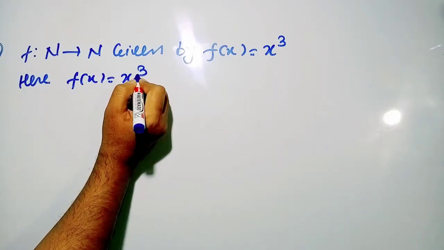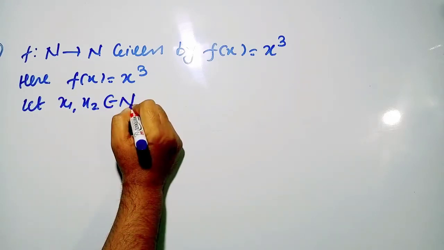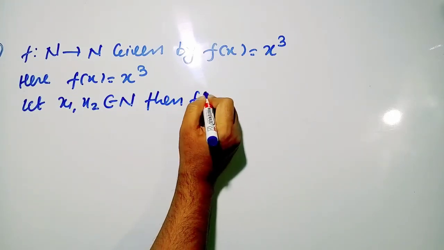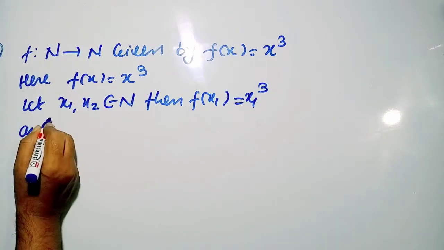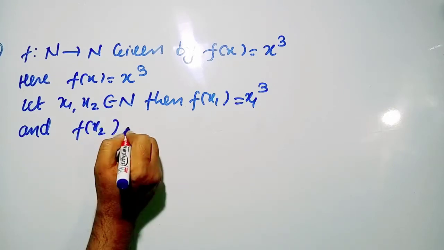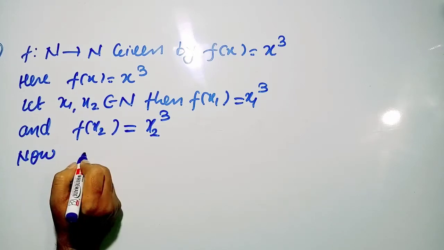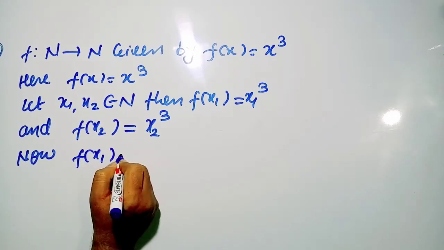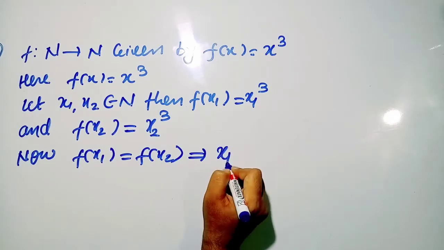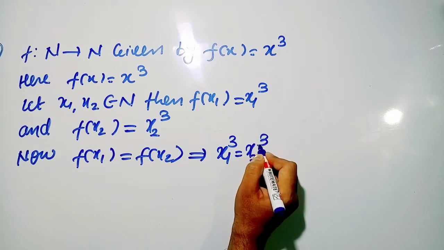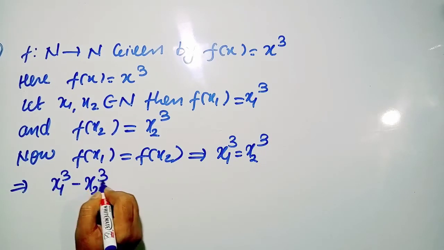So we can consider two elements x1 and x2, which belong to the natural numbers. Then f(x1) = x1³ and f(x2) = x2³, right? So f(x1) is equal to f(x2) as per the rule. So we can write x1³ = x2³. So we can write x1³ - x2³ = 0.